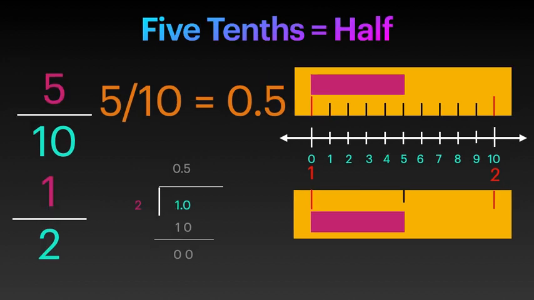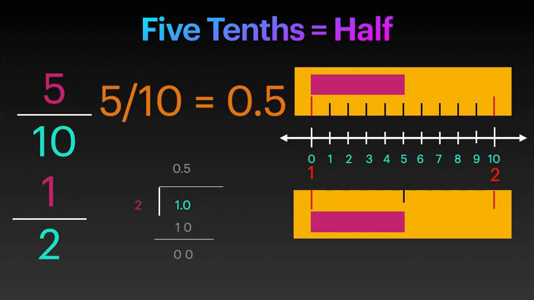Here we got 5/10. Its equivalent fraction is half, 1 over 2. The long division tells us half is equal to 0.5. Pink boxes in the yellow strips show both fractions are the same in size.